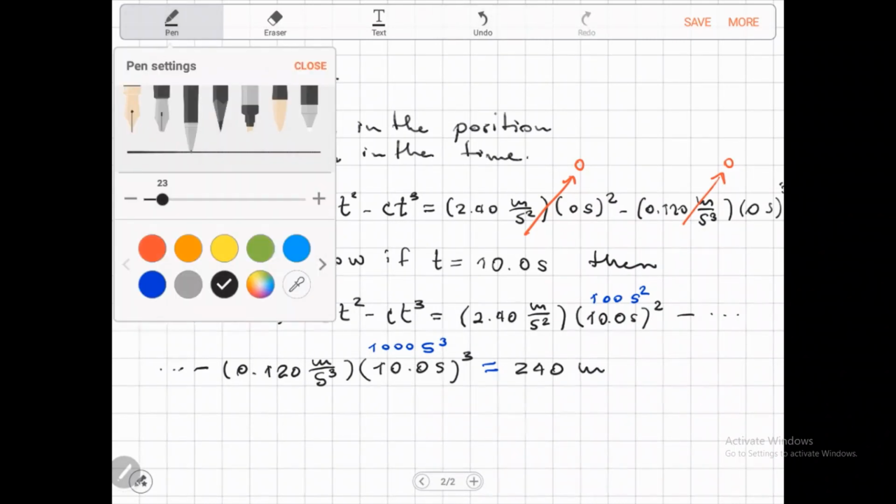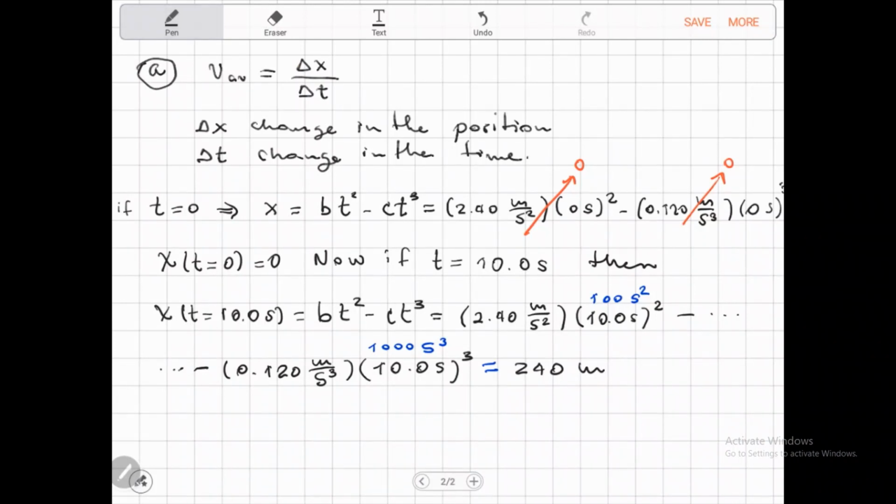But remember that we were playing with the units. This second squared in the denominator is eliminated with this second squared in the numerator. They eliminate each other because they are the same. One of those units is in the numerator and the other one is in the denominator, so they eliminate each other.